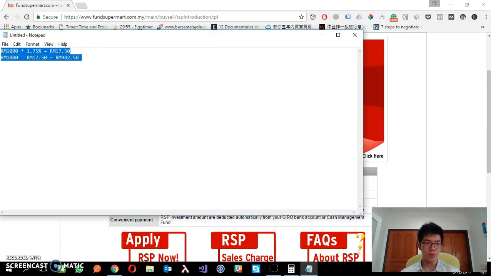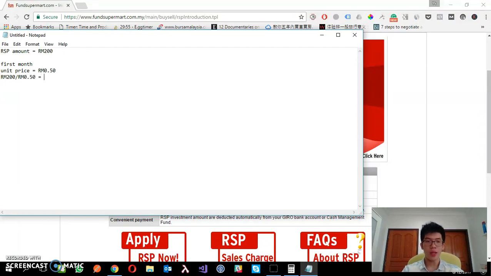So for example, here, given a fund in our regular saving plan, let's say in the first month of our investment the unit price is 50 cents, and let's say 200 ringgit.